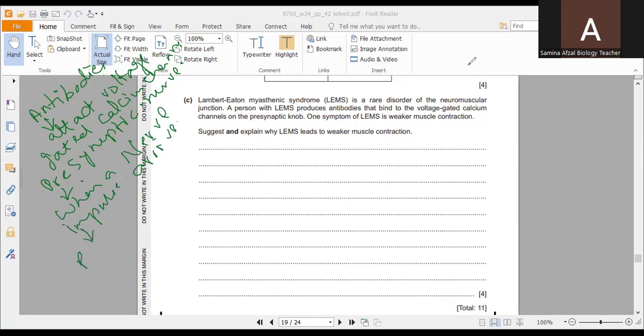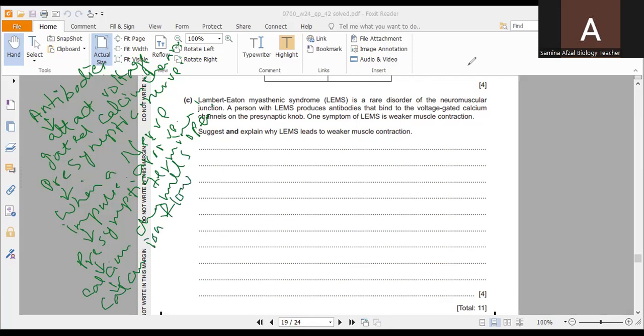It reaches the presynaptic terminal, and it causes these voltage-gated calcium channels to open. The opening of these channels allows calcium ions to flow into the presynaptic terminal.